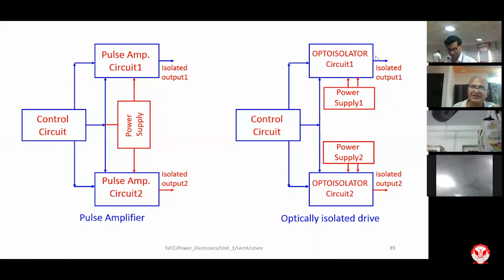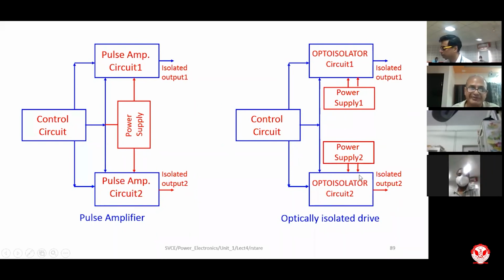Now, the other important part which we discussed later, that is optical isolator based. For each optical isolator circuit, as we have seen in FOD3180, we require a separate power supply. So here is my control circuitry, and this is feeding power to optical isolator circuit 1 through one output, and to optical isolator circuit 2 through another output. Each circuit requires one isolated power supply.